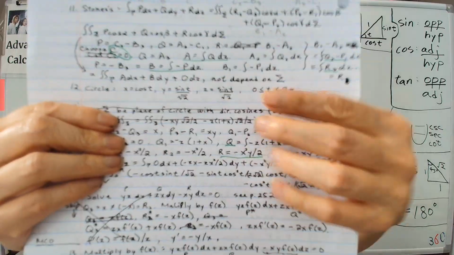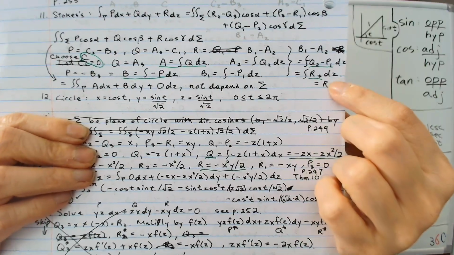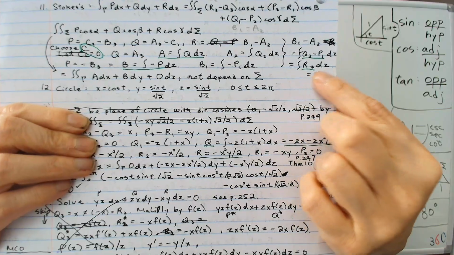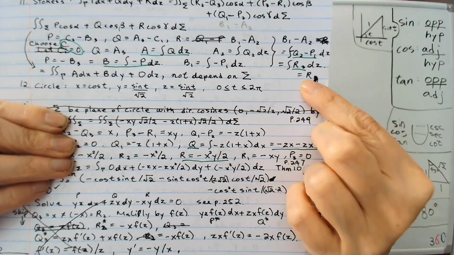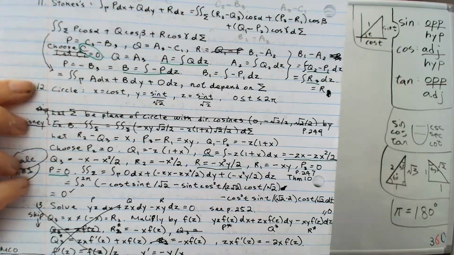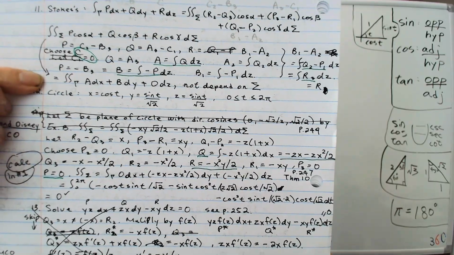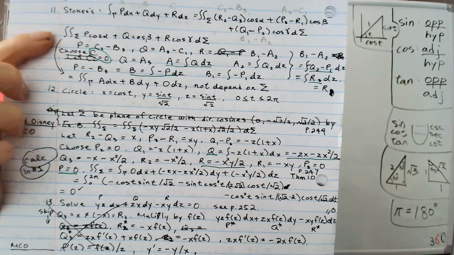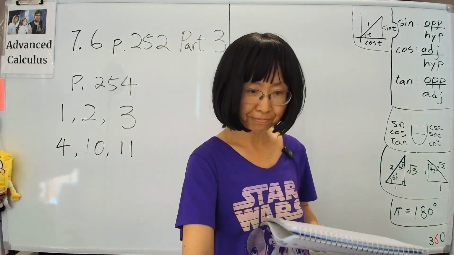That is a given in the problem, which means minus Q2 minus P1 is equal to R3, and integrating over dz would be just R. So with all this stuff, we're able to show that this thing is equal to, and this integral is equal to the A, B and so on.